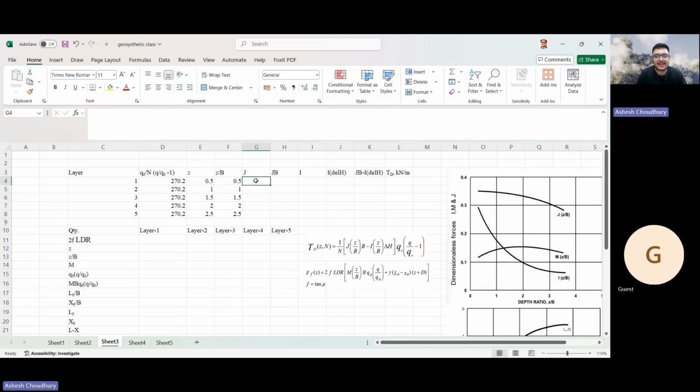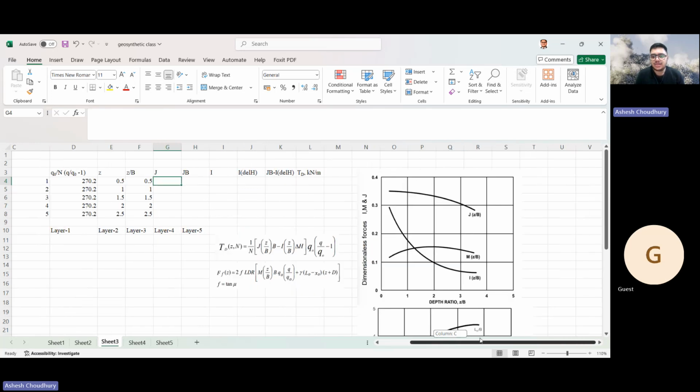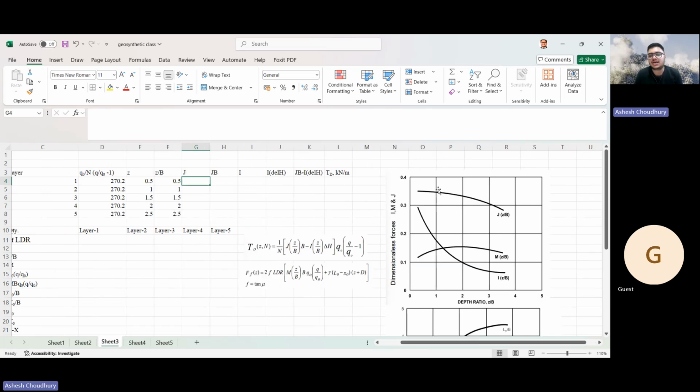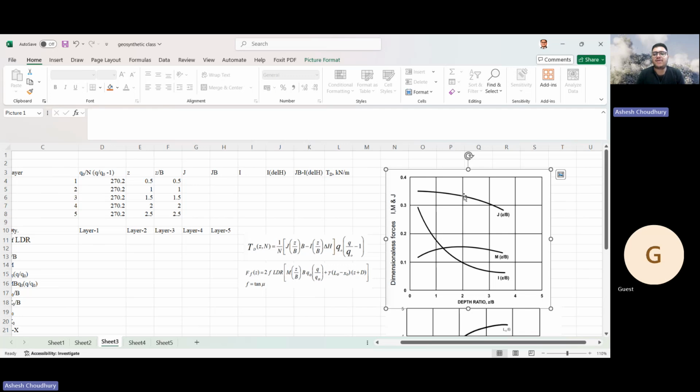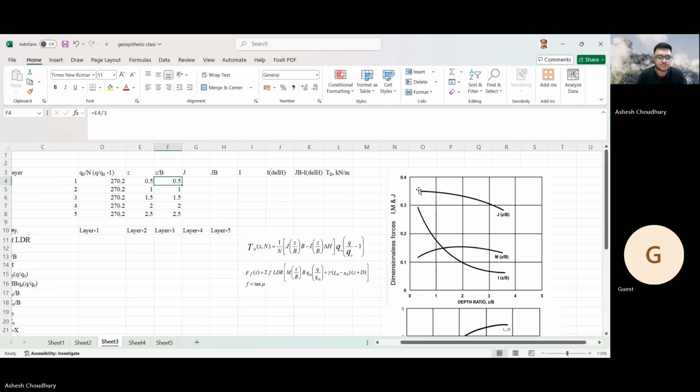Now we have J. What is J? J is a function of this Z by B. How to get J? We have to calculate J from this plot. First for 0.5, what is the J? It is about here. I will be taking approximate values, but when you do it, do everything properly. So approximately 0.35.